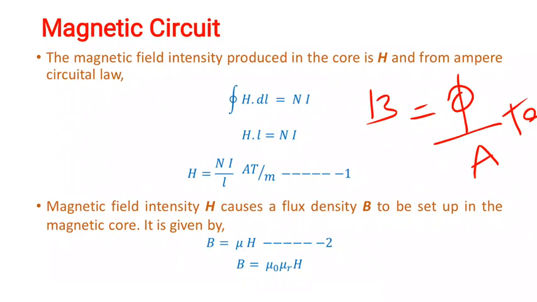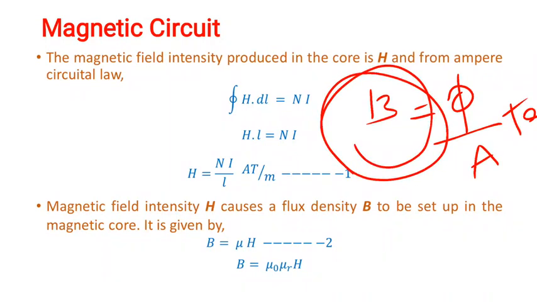So then what is H? As I told you, H is the field intensity or field strength. It is the ratio of MMF, magnetomotive force, needed to create a certain flux density within a particular material.